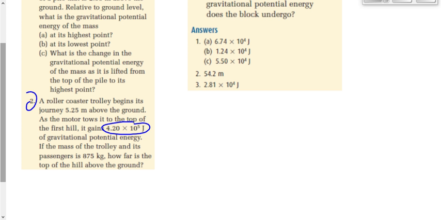So what are we given here? That's the change in energy, right? That's going to be delta EP, not EP. Does that make sense? It's not how much I have, it's how much I was given or how much I gained. Delta EP, the change, is 4.20 times 10 to the 5 joules. What's this 5.25 meters thing?